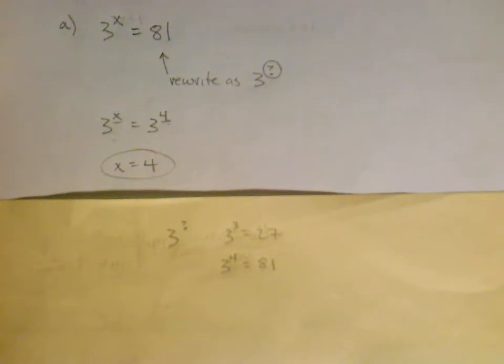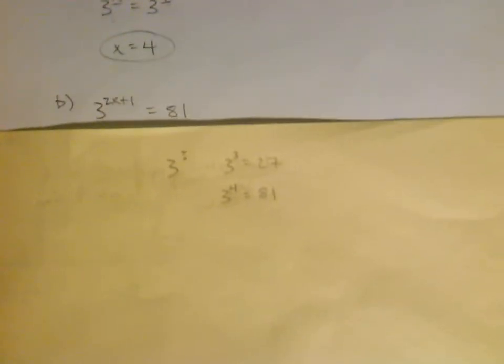Got it. Now, this procedure here probably feels like complete overkill. Maybe you even knew that back here, like, oh, well, 3 raised to the 4 is 81. We've talked about that sort of thing before in this course. Okay, you're right. But now let's move on to something more difficult, like this.